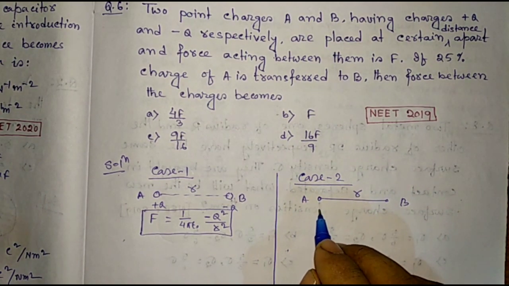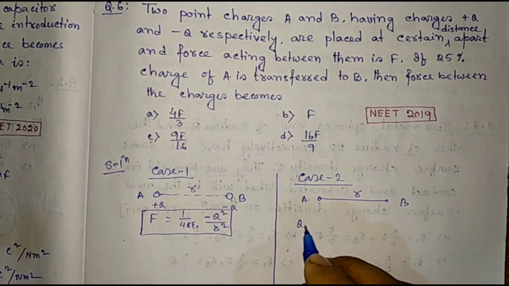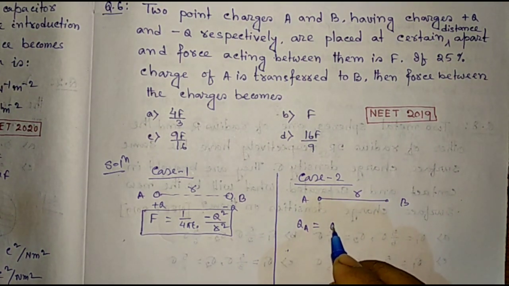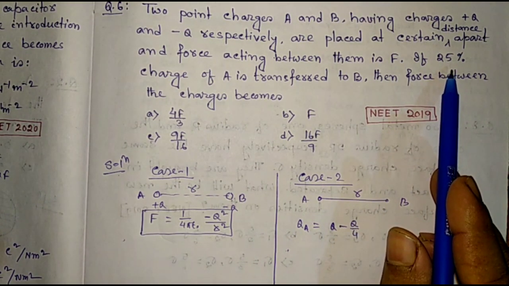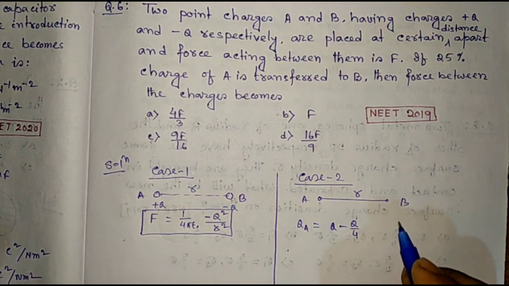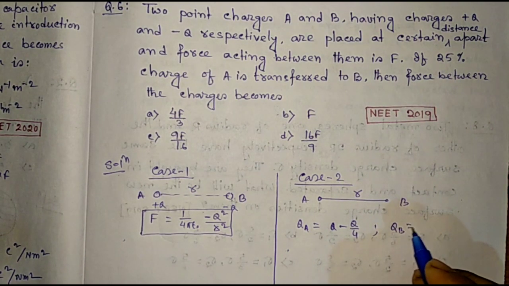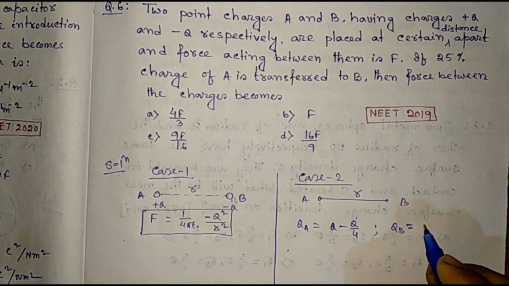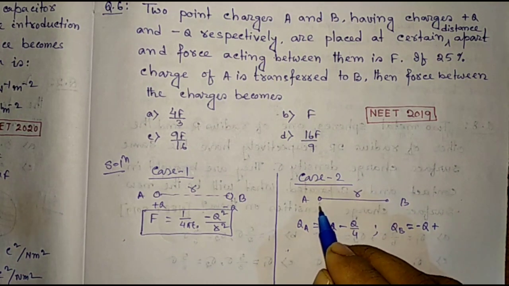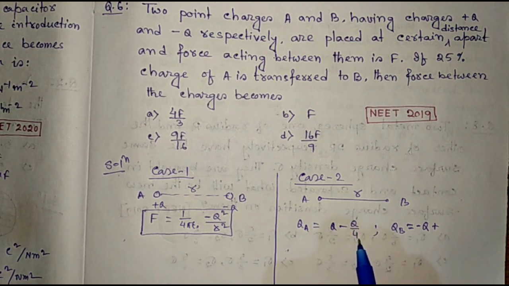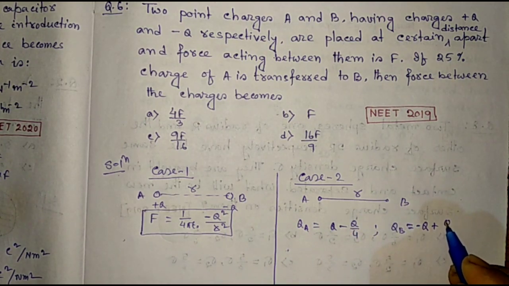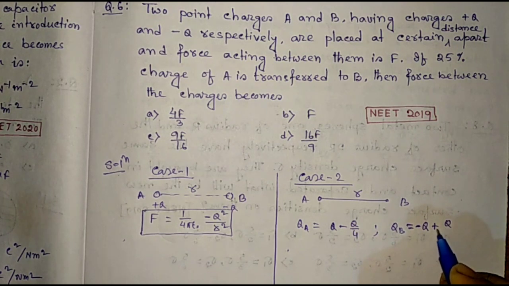Now this charge QA is now equals to Q minus Q by 4, that is 25% charge is reduced here, and at QB it is added, so it is actually plus Q and it is minus Q, so it is reduced by Q by 4 and it is increased by plus Q by 4. So minus Q plus Q by 4.